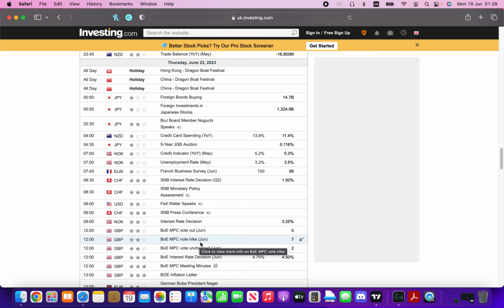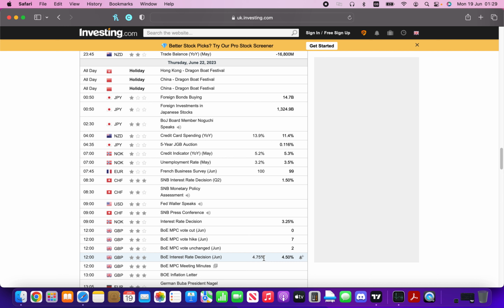Thursday, rate hike. So that's when we're going to have the decision on the interest rate, Thursday at 12 p.m. UK time, and so we should expect it to go up. Simple as that. Now, if they were to increase it by 0.5%, I expect a real good rally on the pound. 0.25, I believe it's already priced in, but it depends on the inflation data we get on Wednesday.